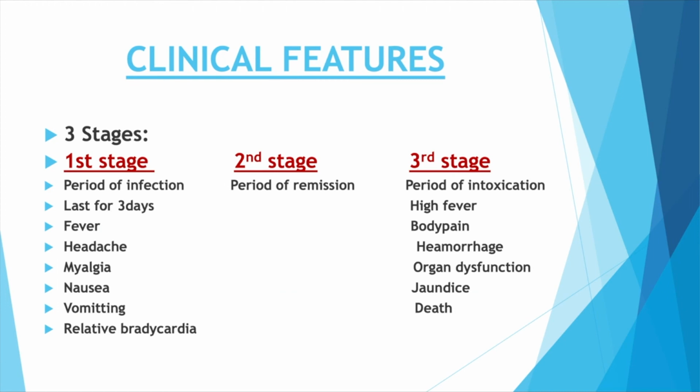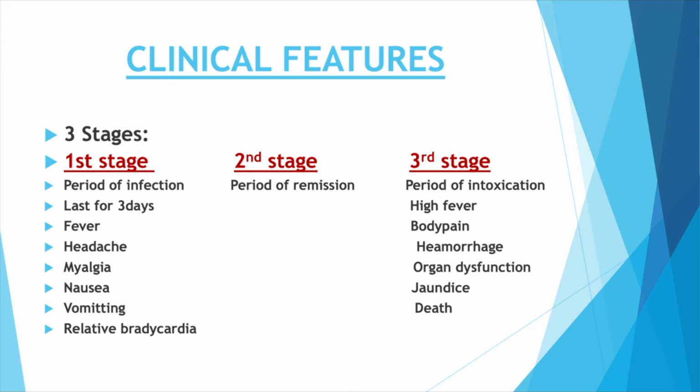Clinical features, 3 stages. First stage or period of infection. It lasts for 3 days. Symptoms: fever, headache, myalgia, nausea, vomiting, relative bradycardia. Second stage or period of remission. Third stage or period of intoxication.